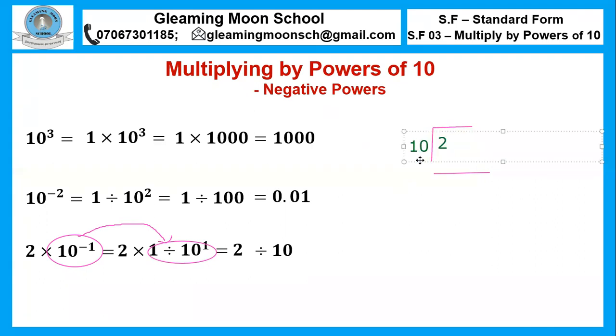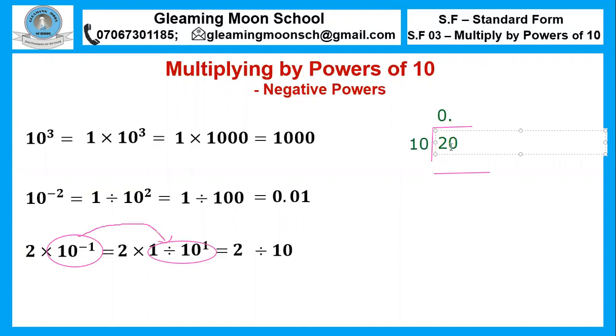Does it work? Absolutely not. 2 cannot be divided by 10. So again, we do the same thing we do during our long division method. We put 0 and add a decimal point. And as long as we add the decimal point, we have to come back to this 2 here and add 0. That makes it 20. Can 10 go into 20?